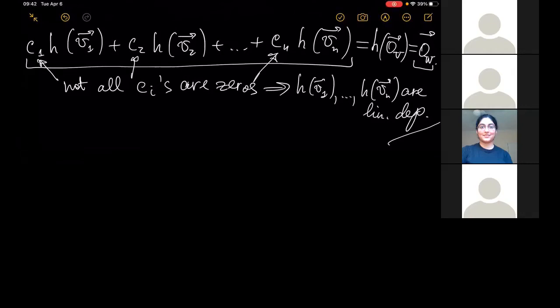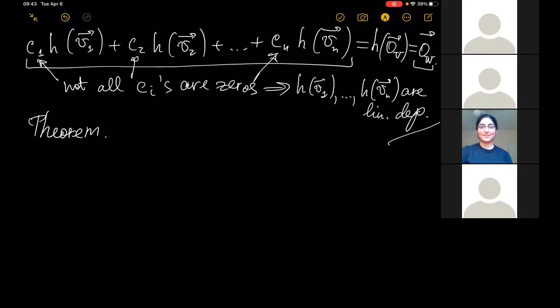Because you cannot have 3 linearly independent vectors in a 2-dimensional space. It's impossible, right? So as a result, I will formulate a theorem which gives an answer.